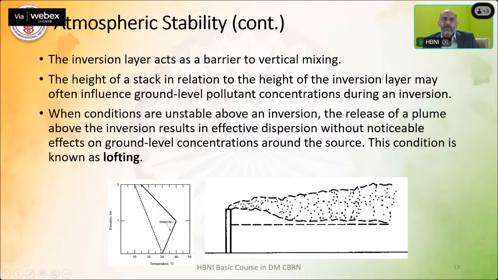From the lower elevation up to a certain height, for example 1 kilometer, the temperature is increasing with height, and later it starts decreasing with height. This inversion layer acts as a barrier for vertical mixing.